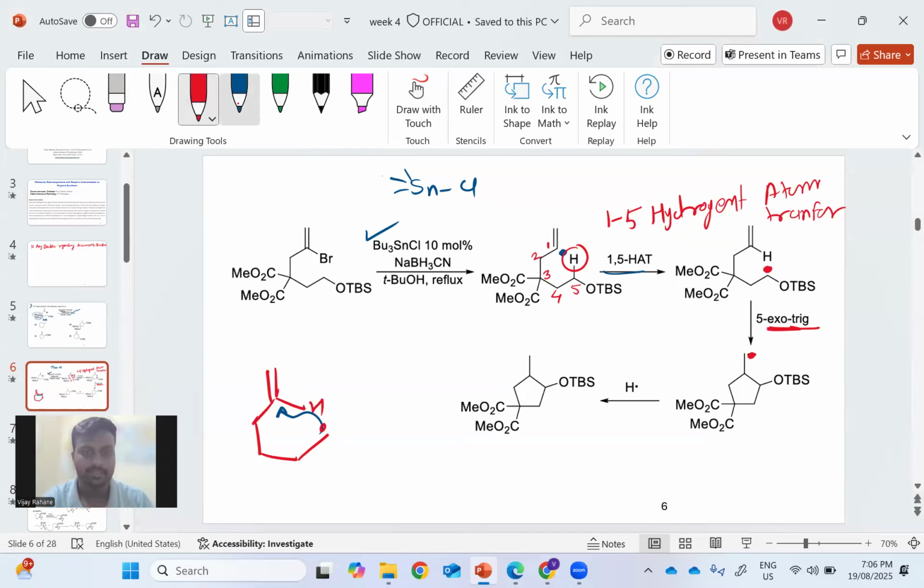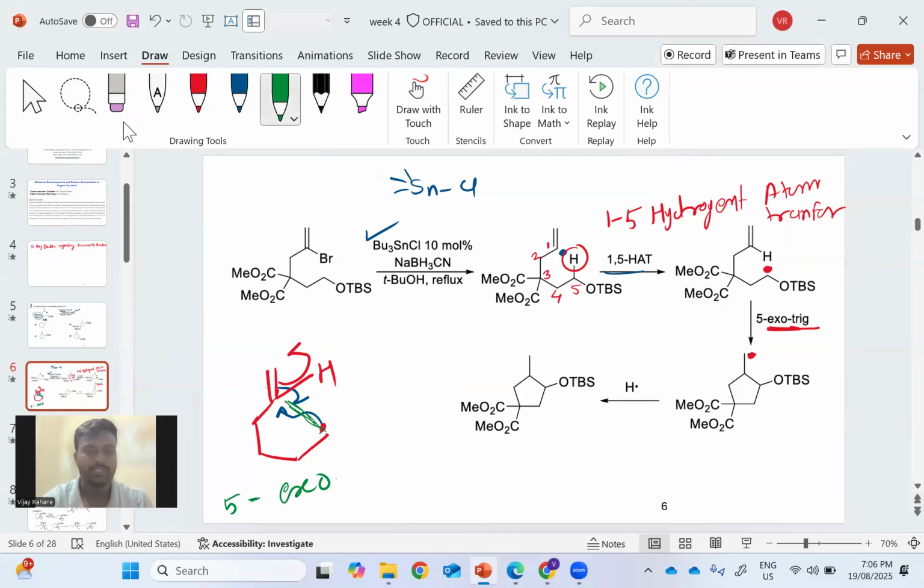The bond pair goes here, and another bond, and one of the electrons. I'll remove the hydrogen, no need to represent it. The new bond is formed in between here, right? This is the mechanism of exo. And why 5? Because the five-membered ring is getting formed, right?